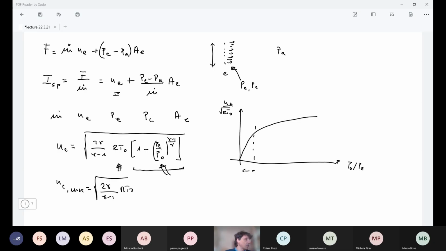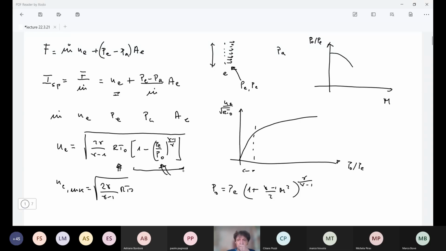So at this point, starting from this relation, the isentropic relation between total pressure and local pressure, we also record that if here we plot this ratio as a function of the Mach number, we see that we have something like this.